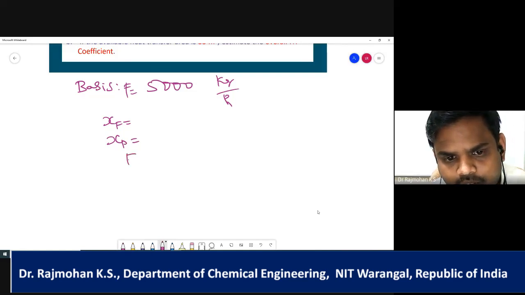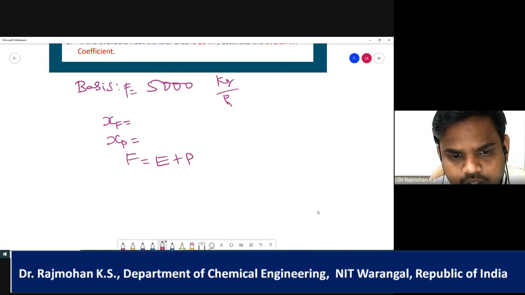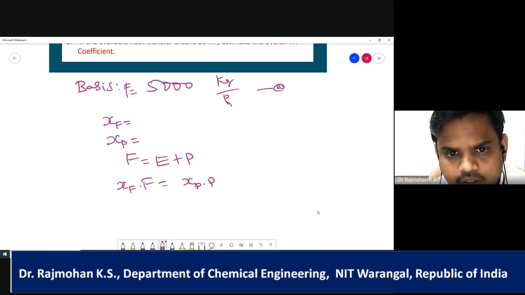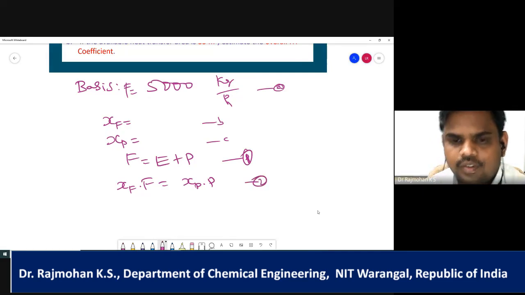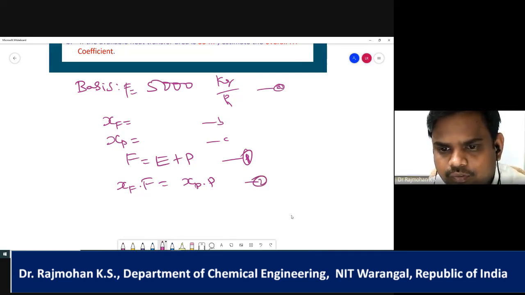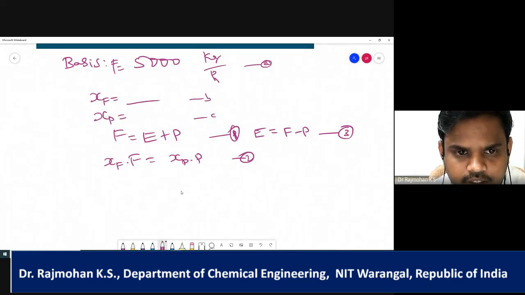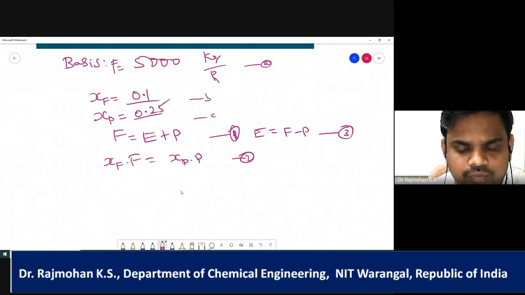So we know the material balance F equal to E plus P. And we know the individual material balance XF into F equal to XP into P. We can write E equal to F minus P. Substituting the data given, XF percentages are given, 10 percentage to 25 percentage, 0.1 and 0.25.